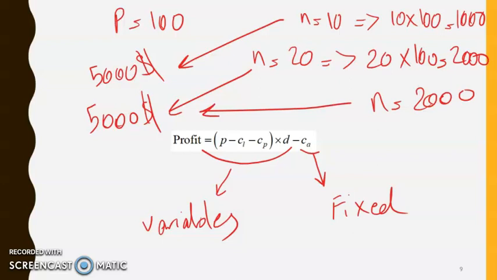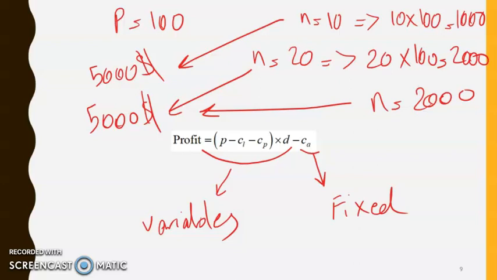On one hand, we need to calculate the profit per unit that is calculated by price, market sale price, market value, that is P, minus the cost of labor for that specific product that you are saying it will be sold at the price of P, and also minus CP, the cost of parts that are used in that product.